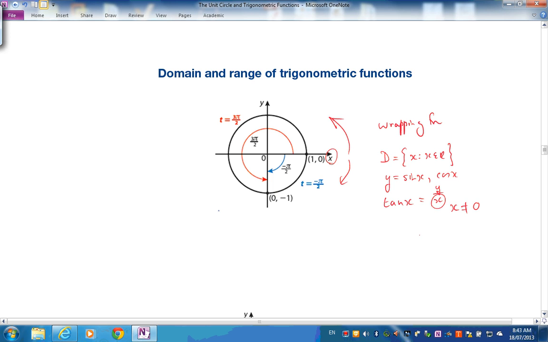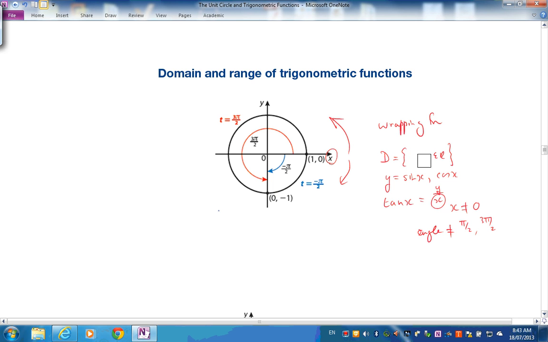Well, therefore, the angle cannot be equal to what? Well, where was the x value 0? Pi on 2, and 3 pi on 2. So we found that before. But we really should go back to putting t in here.